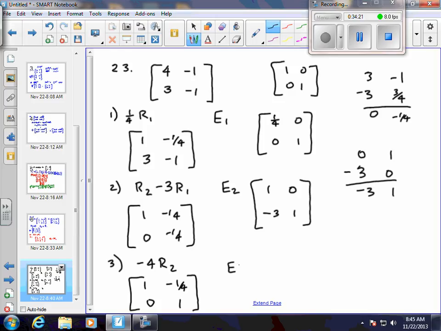So that makes matrix E. Again, going back to the 2 by 2 identity, do the same thing to that we just did to this matrix. So multiply the bottom row by -4. The top row stays the same, and the bottom row is now 0, -4. So that's my E3.